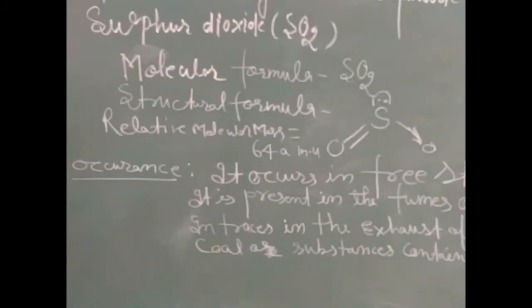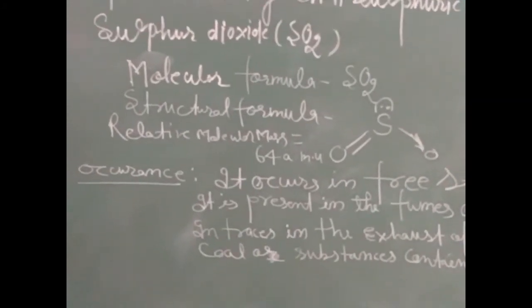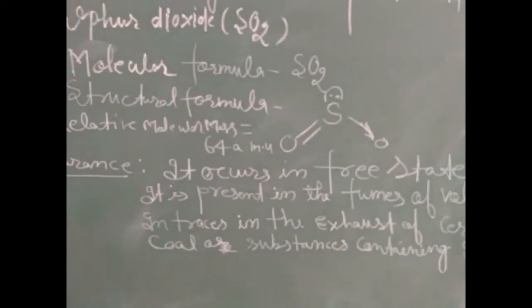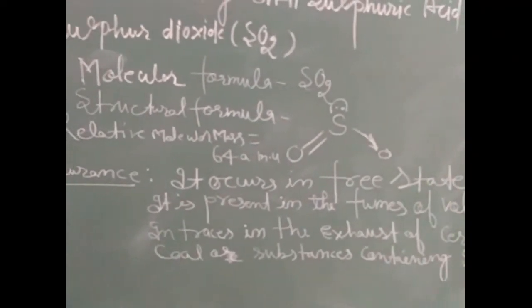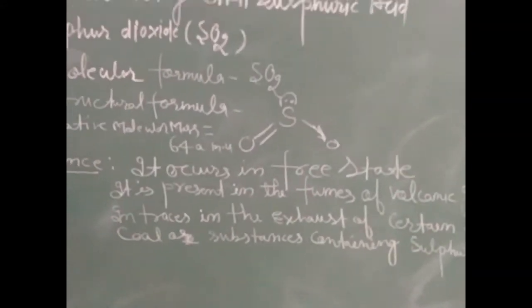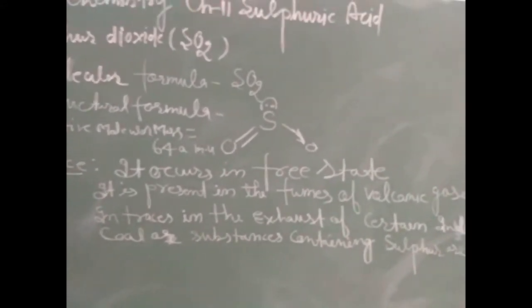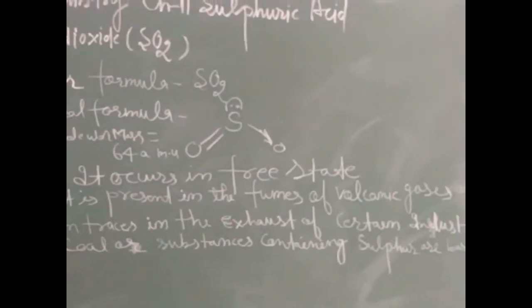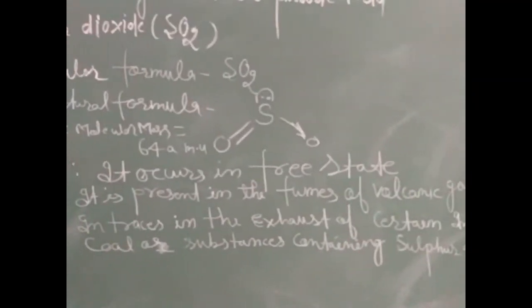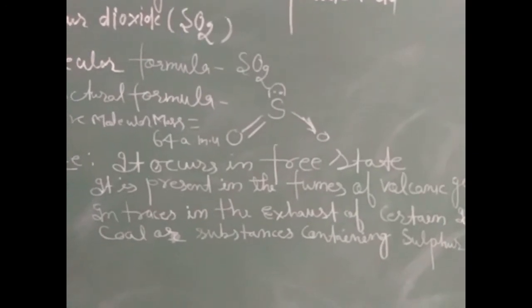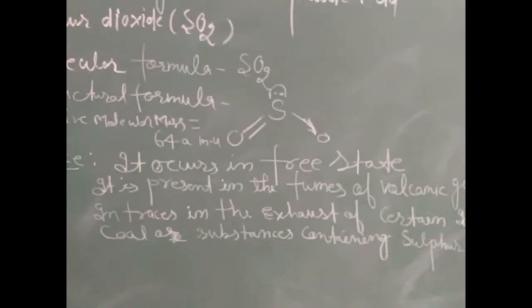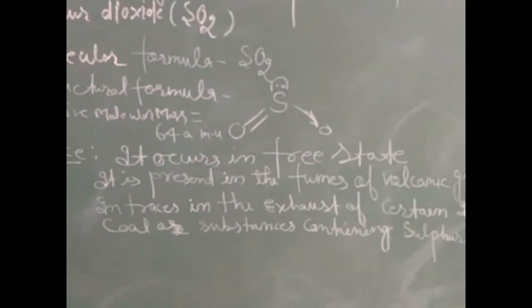Now, where sulfur dioxide is found, that is called occurrence. It occurs in the free state. It is present in the fumes of volcanic gases, meaning those gases which are released after a volcanic eruption. It is generally found in volcanic gases.